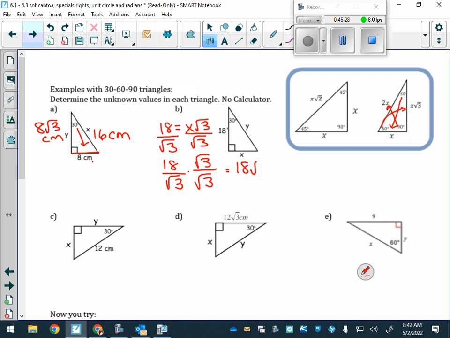So we have 18 root 3 over 3. Can I reduce? 6 root 3. Good. So 6 root 3 is my side length. What would my hypotenuse be?